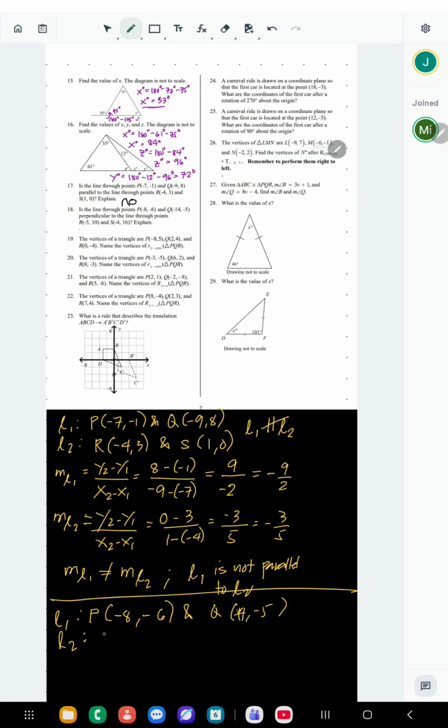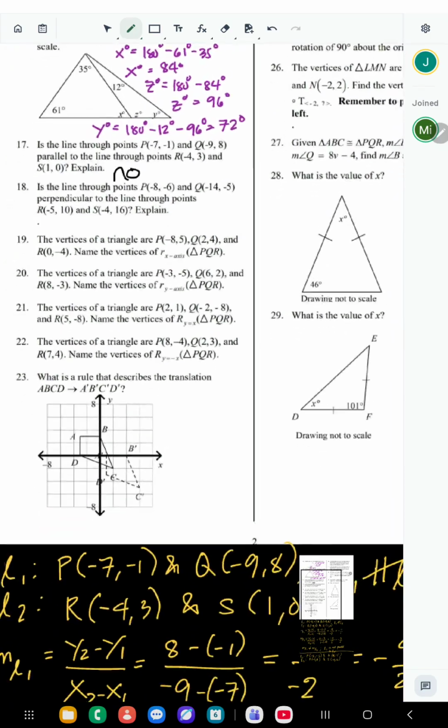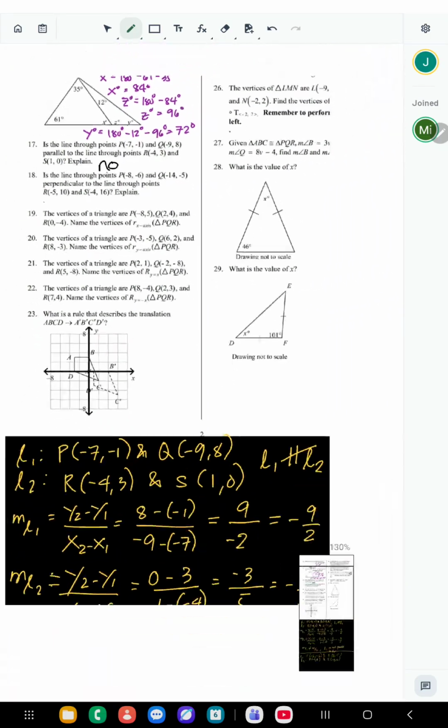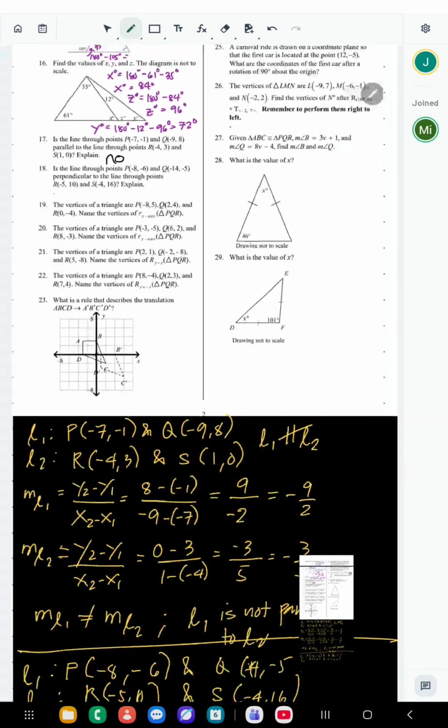And then line 2, we have R (-14, -5) and S (-4, 16).